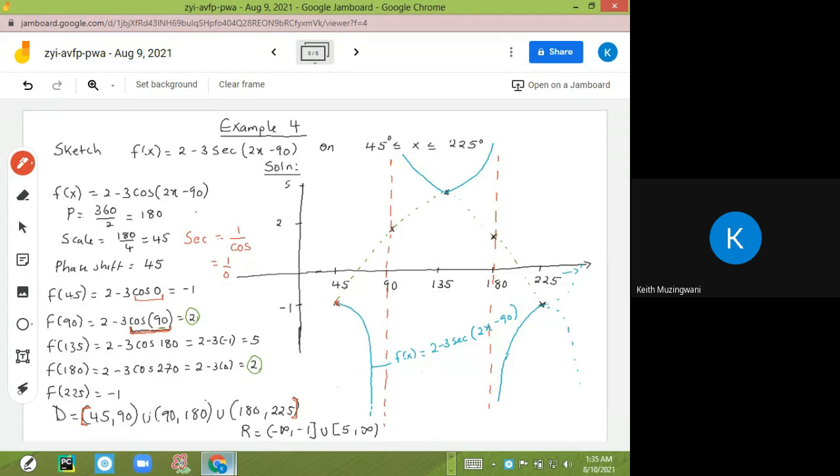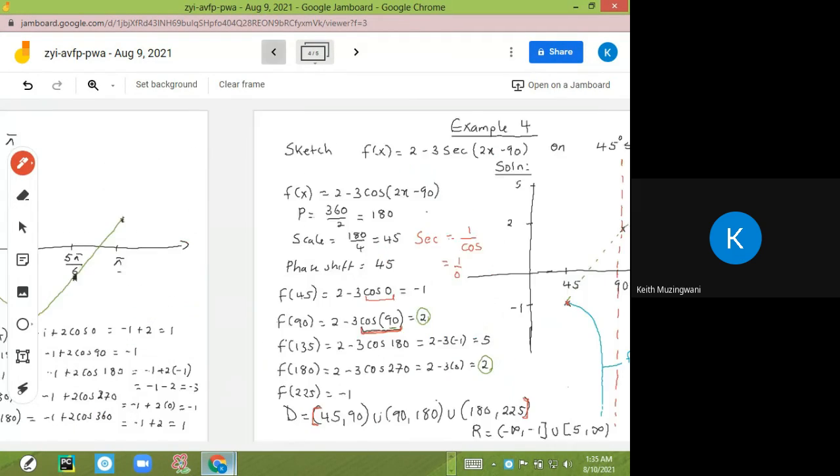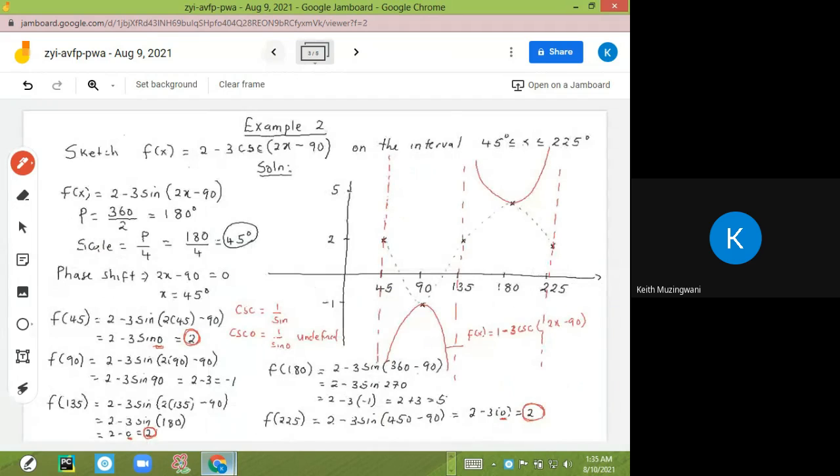So we have no issue with 45. When it was sine, we had an issue because when we used 45 in sine, we got sine 0. Sine 0 is 0. So cosec 0 will be undefined, meaning cosec 45 will be undefined. So I get it now. Thank you.